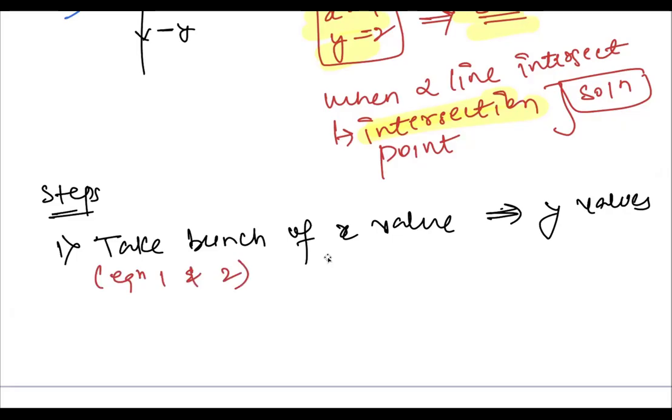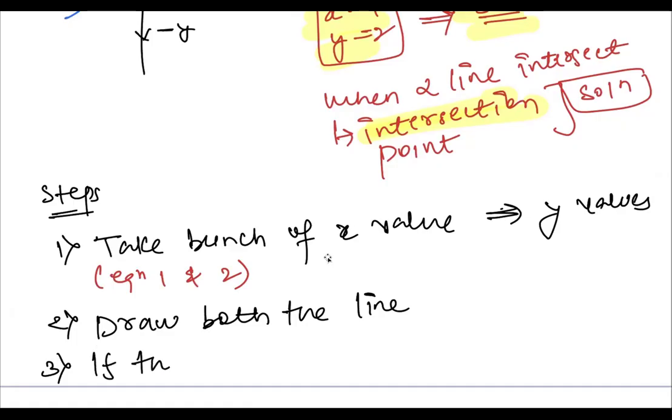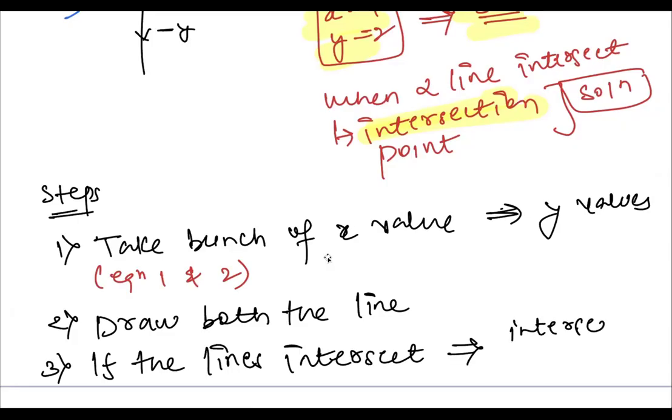Then draw both the lines. If the lines intersect, the intersection point is the solution.